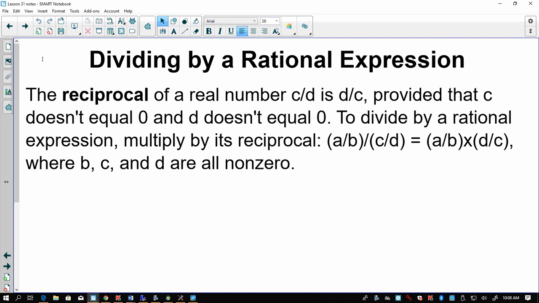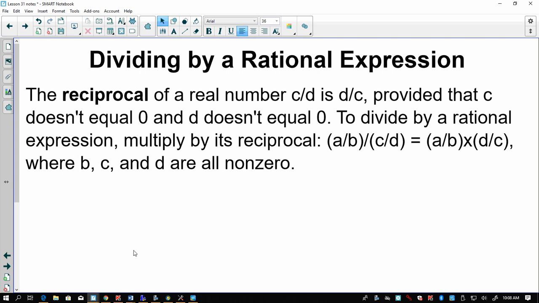And d doesn't equal 0 to begin with. So to divide by a rational expression, you multiply by the reciprocal. So a over b divided by c over d is going to end up being a over b times d over c, where b, c, and d are all non-zero numbers.